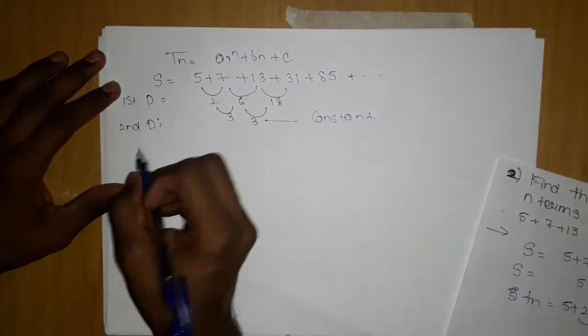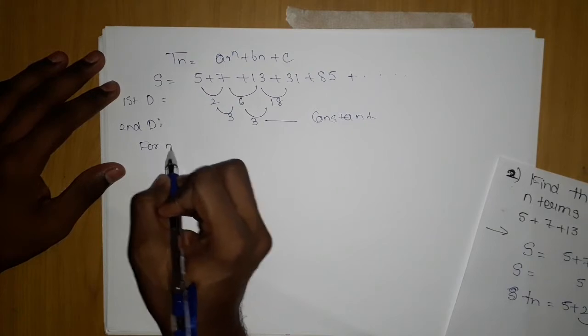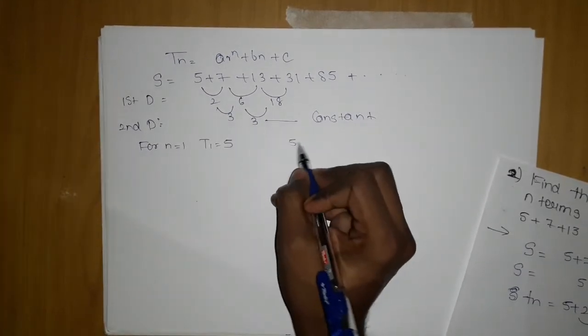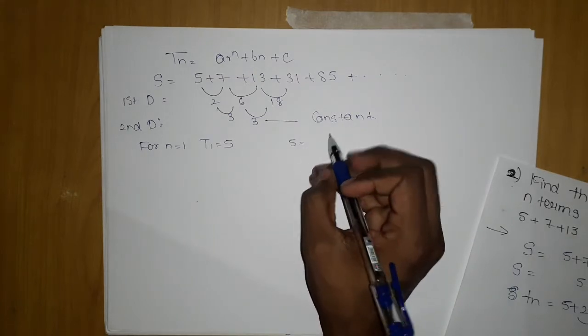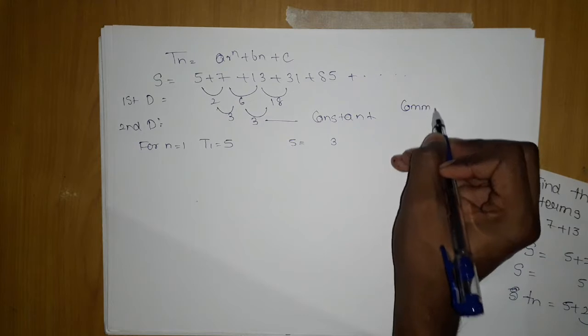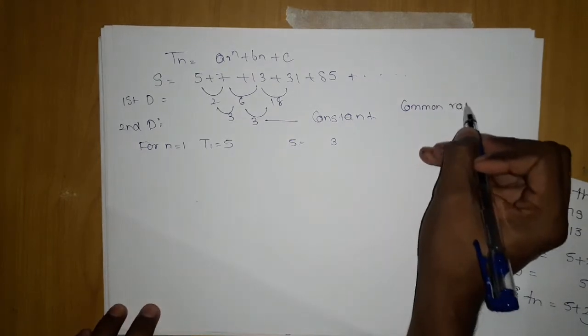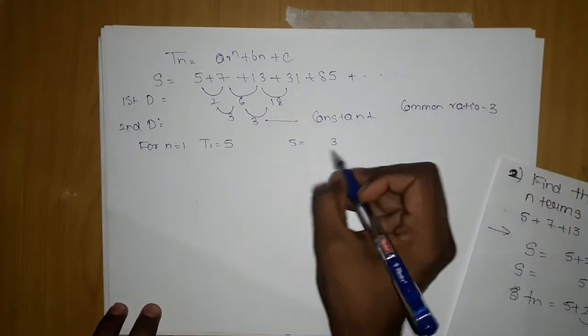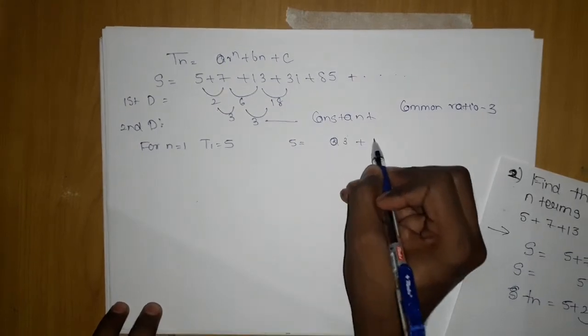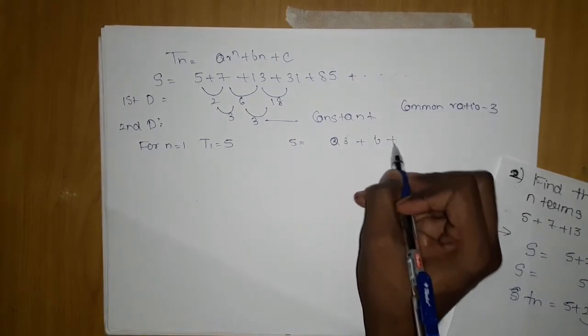Now for n equals 1, t1 is 5, so 5 equals a times the common ratio. I told you to write the common ratio. The common ratio is 3, so a into 3 power 1 plus b plus c.